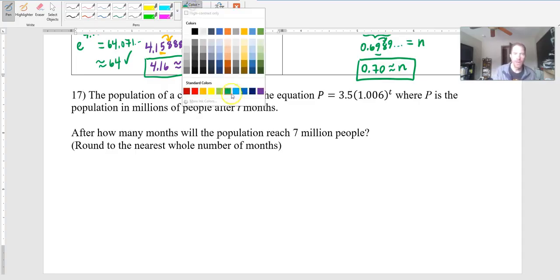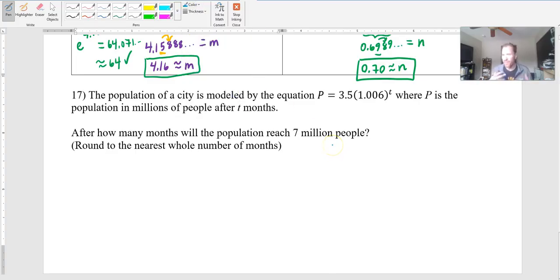So, all right. First thing we should be able to do, even if you're still confused about these logarithms, you should be able to recognize where it says P is the population in millions of people, and we want that to reach 7 million people. So notice that we already have millions covered, so I don't have to write 7 million, a 7 with 6 zeros. No, the million is included.